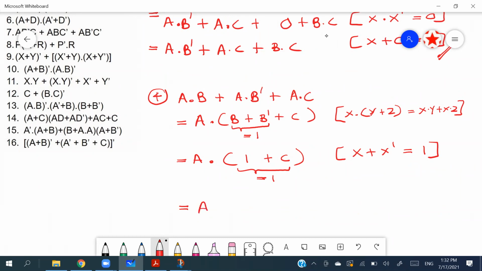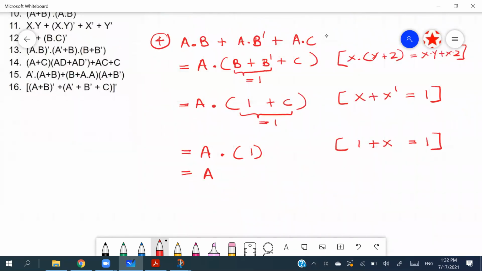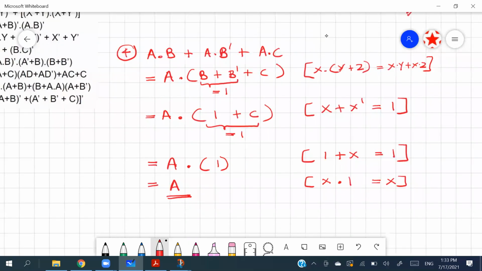So A dot 1, it becomes 1 plus X equals 1, the identity law. Finally, this is going to be A. The reason is X dot 1 equals X. So that is the final answer.